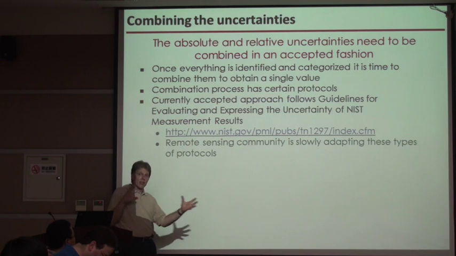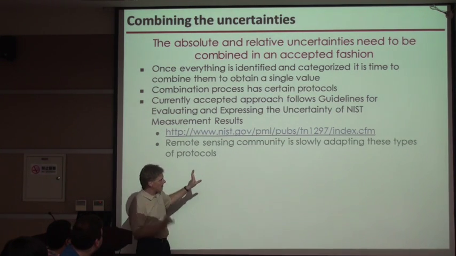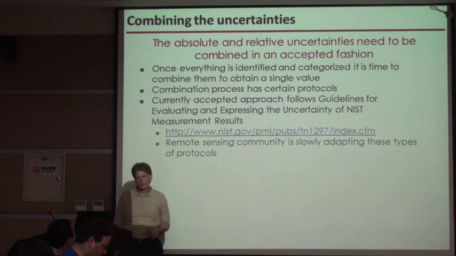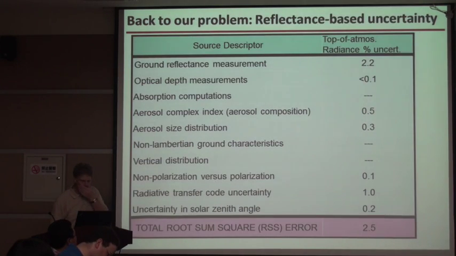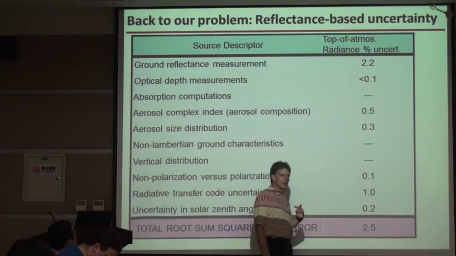So the company that's building a system would rather keep those separate and careful. What they claim, and they're correct, is the random uncertainty is really all that's covered in the guide to the expression of uncertainty in measurement. So back to our problem, and the reason I'm circling back is to demonstrate that we are still learning.